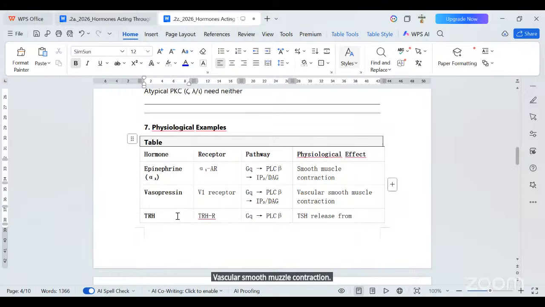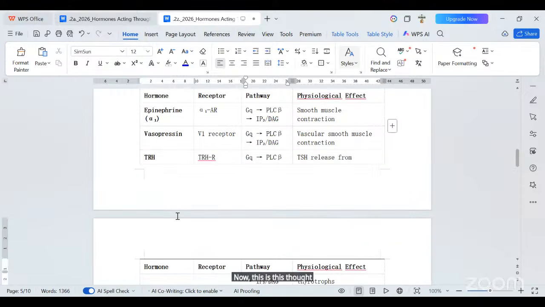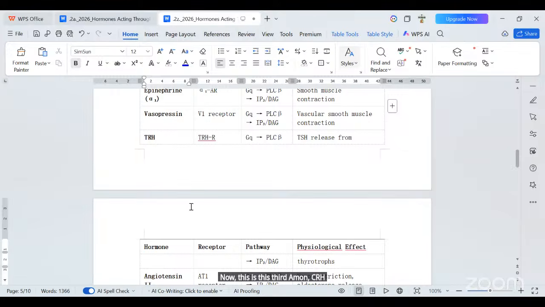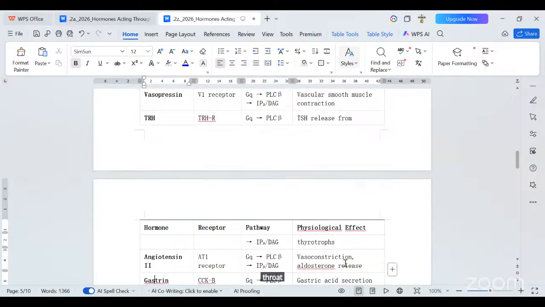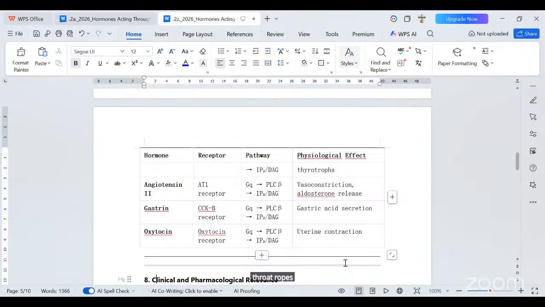Now, this third hormone, CRH. When it happens, it activates and releases DAG, and the effect is TSH release from the pituitary. So we have the list endless. You have oxytocin, you have gastrin, you have angiotensin.